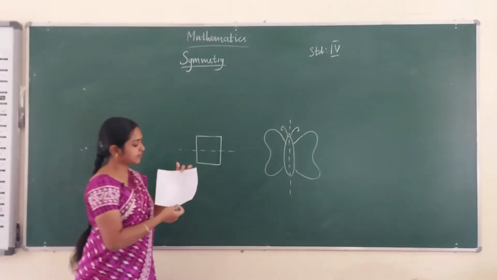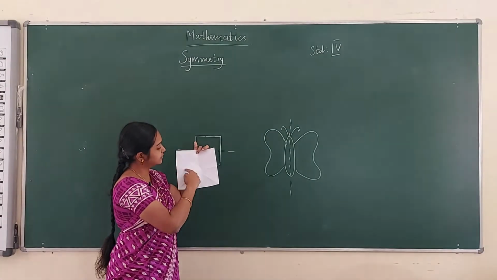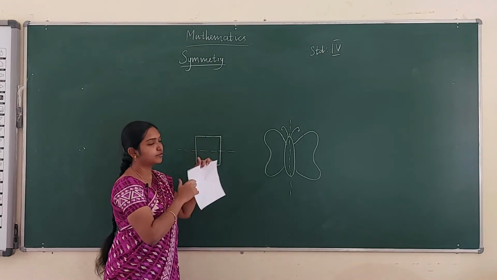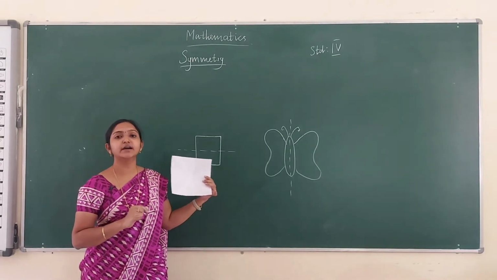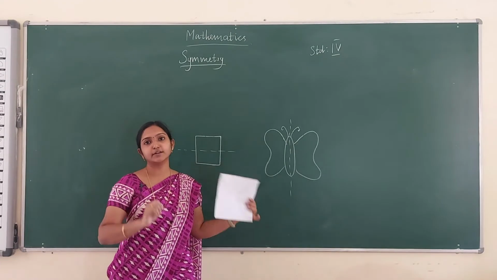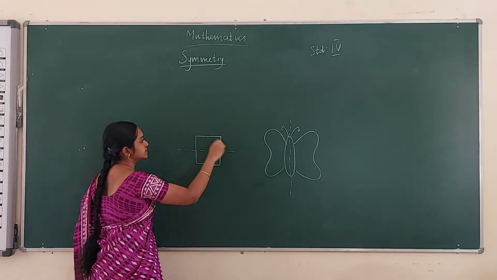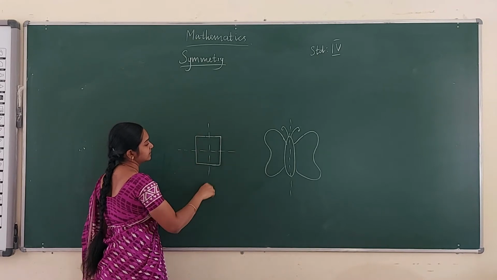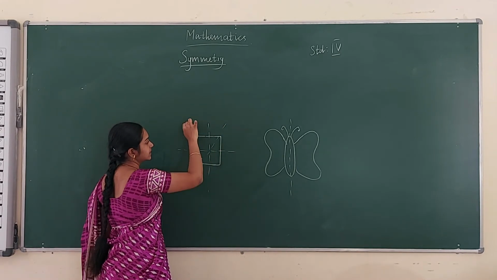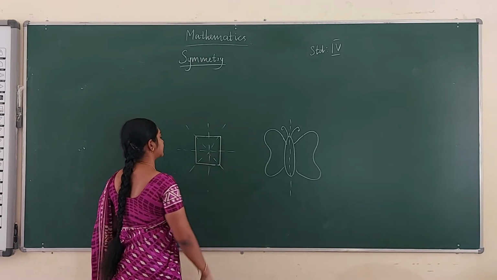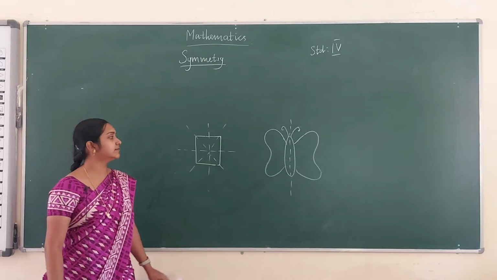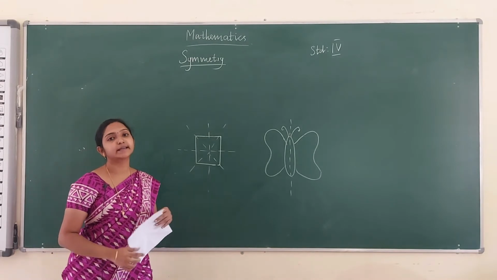Now count the number of lines. We are having 1, 2, 3 and 4. We are having 4 lines. So, for a square, we are having 4 lines of symmetry. This is one line, this is second line, this is third line and this is fourth line.